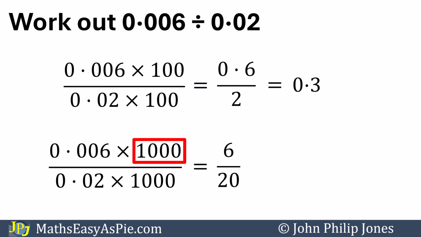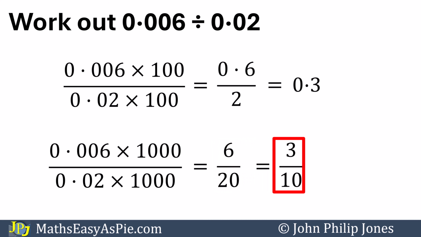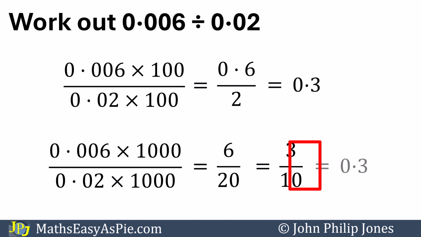This 1000 has moved this decimal point 3 times to give us 6. This 1000 has moved the decimal point from here 3 times, and of course that gives us 20. Now 6 divided by 20 we know will cancel down to 3 divided by 10. And 3 divided by 10 can be written as 0.3.